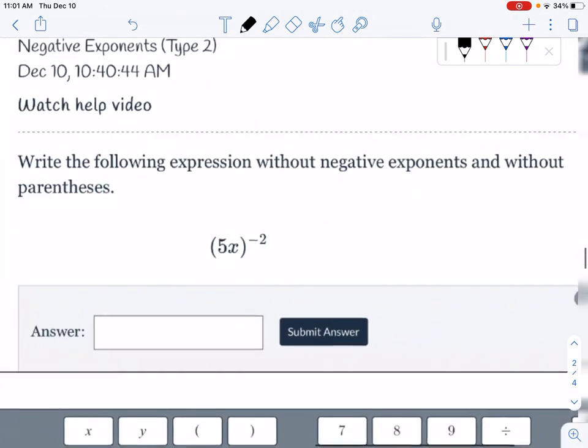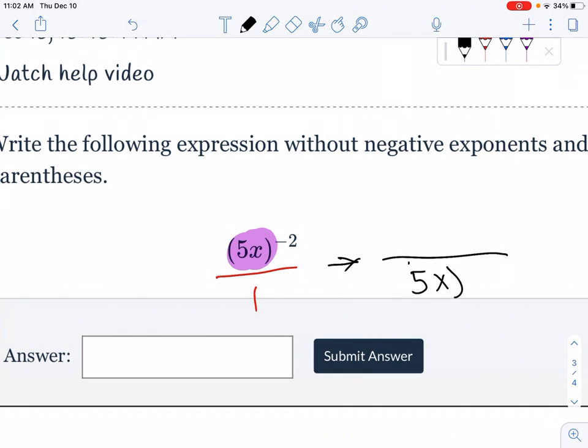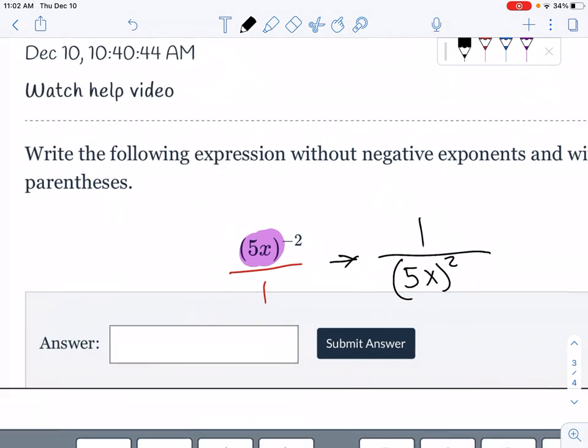So if you get a negative power and it's changing the whole group, it means it's in the wrong place. So all of this is unhappy being on top. So we're going to move it downstairs to give it a positive.